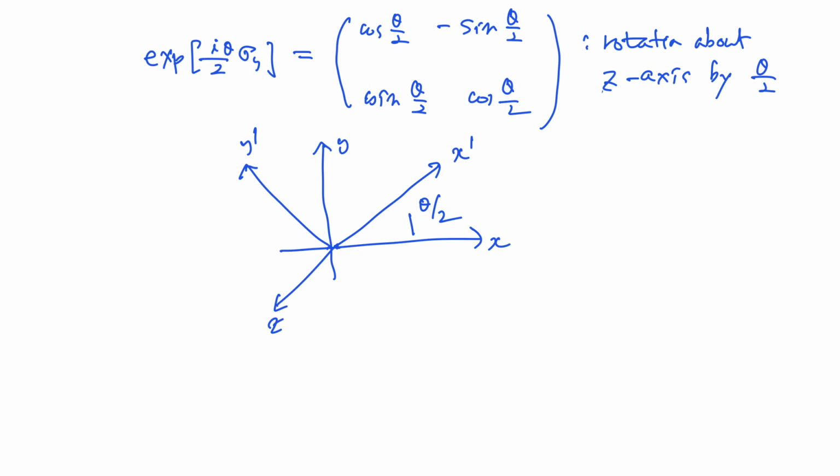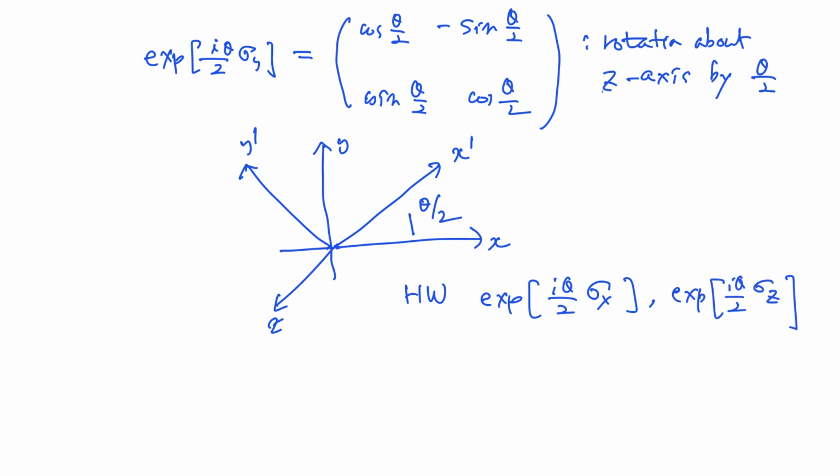This is one of the most common operations in quantum computing. So I will give you two other homeworks. Of course, exponential i theta over 2 sigma x, and exponential i theta over 2 sigma z, would be very good exercises for you.